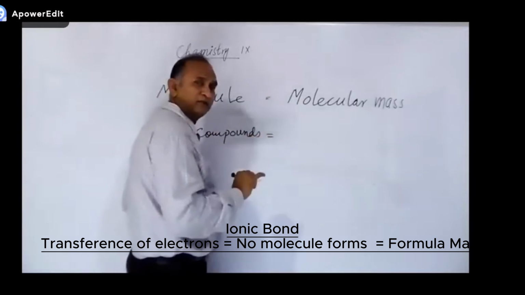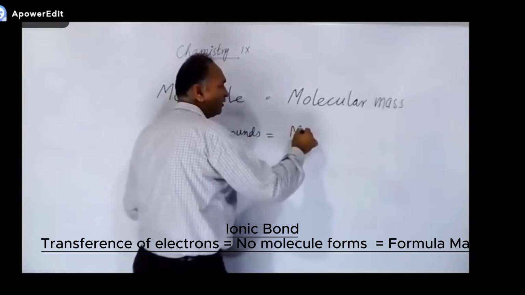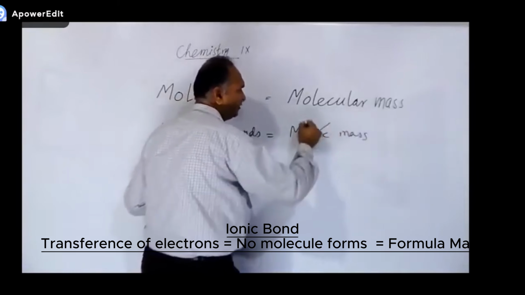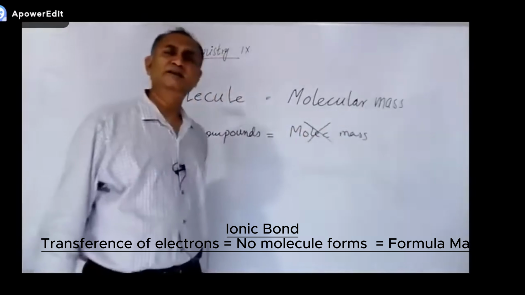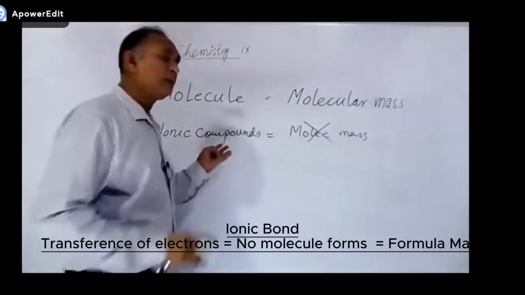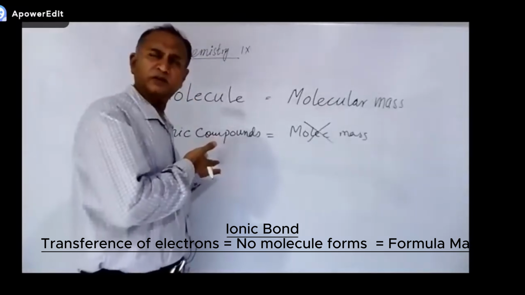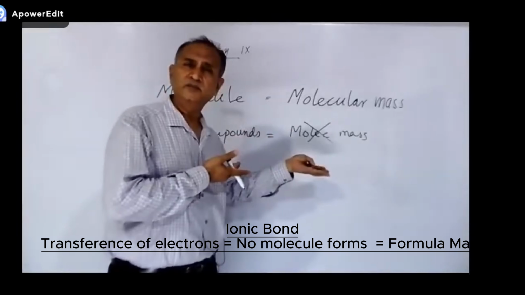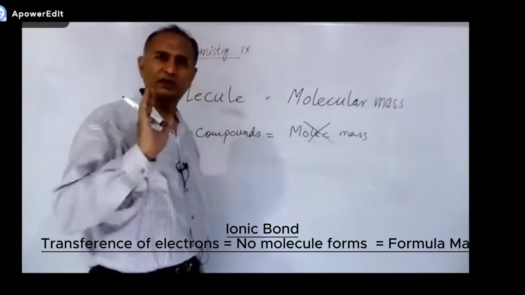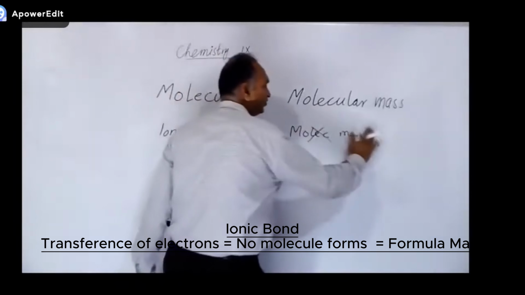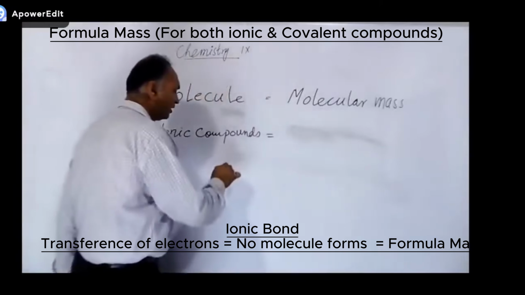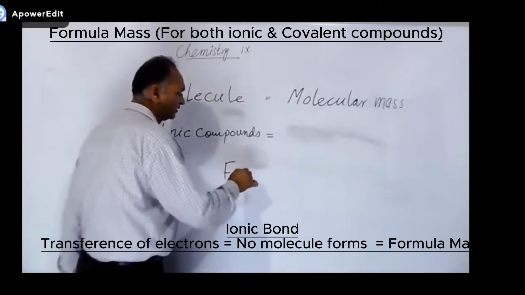For ionic compounds, if we write here molecular mass, then this will be 100% wrong, because in such cases there isn't any formation of a molecule, so we can't say its mass is molecular mass. So there they use a term that is called formula mass.